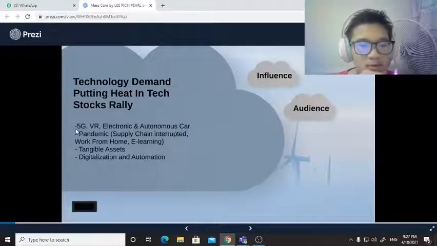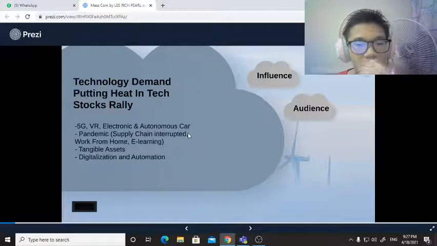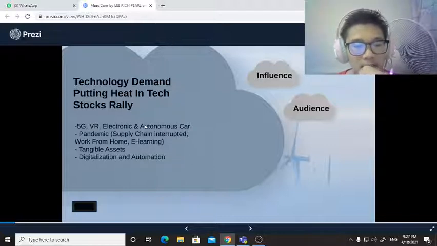Furthermore, 5G, VR and electronic automation cars will be the hit for the future. If you make the audience or public excited, this could push the stock further up. The current companies are not like the previous companies. They are IT companies now.